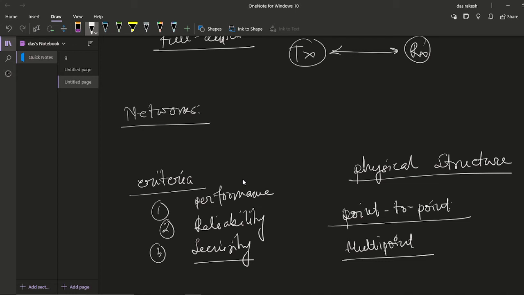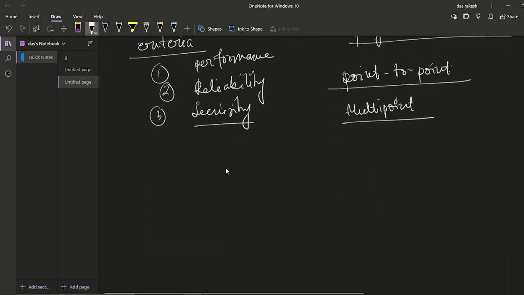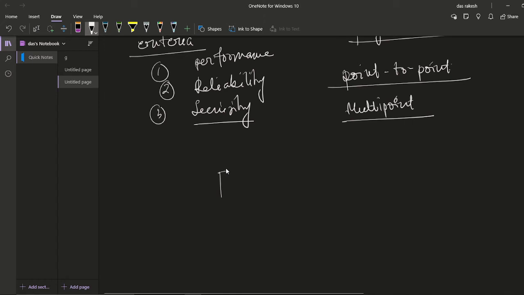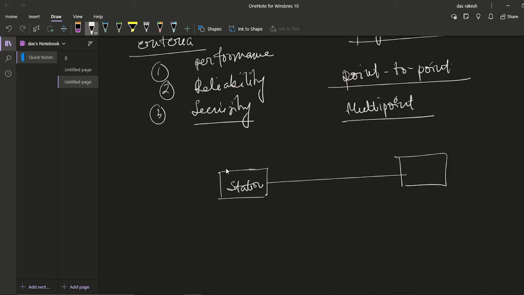For example, if there is one station sharing a message or information, and only one other station connected to it, with a link established between these two stations, this is known as point-to-point communication.